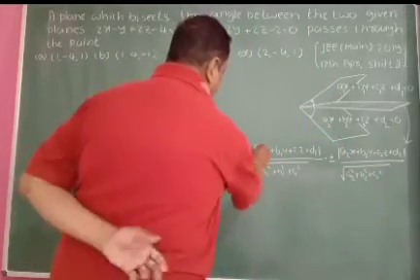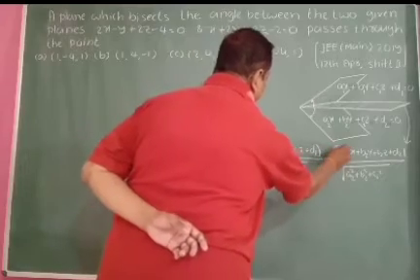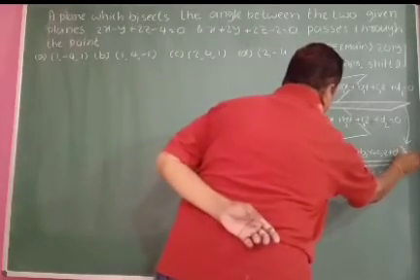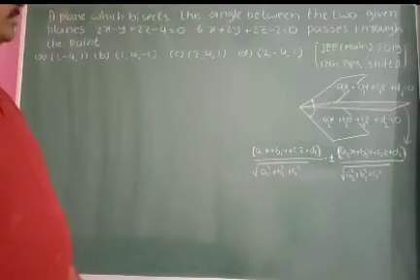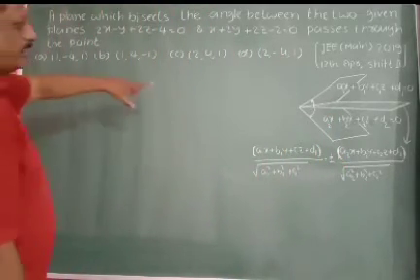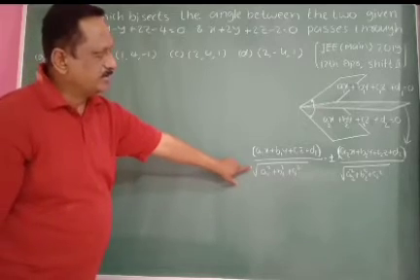Instead of taking the modulus, we can take a bracket also, because we are already taking the plus or minus. Therefore the required plane is of this form, and we are using this formula.